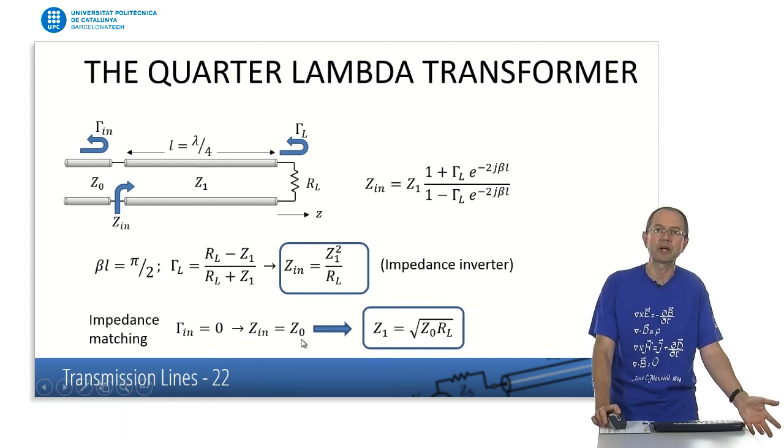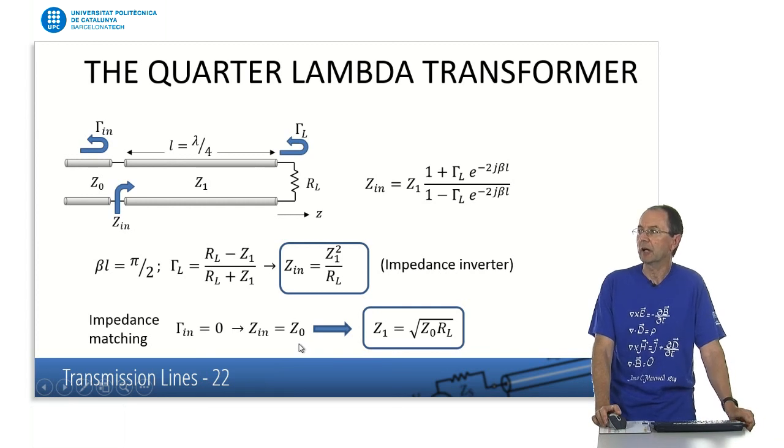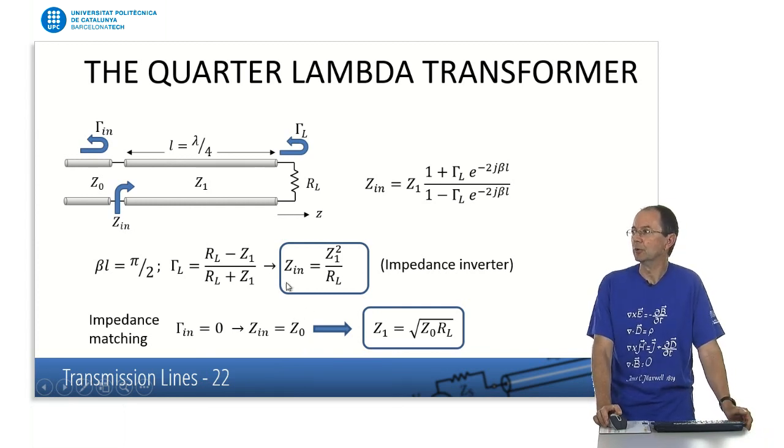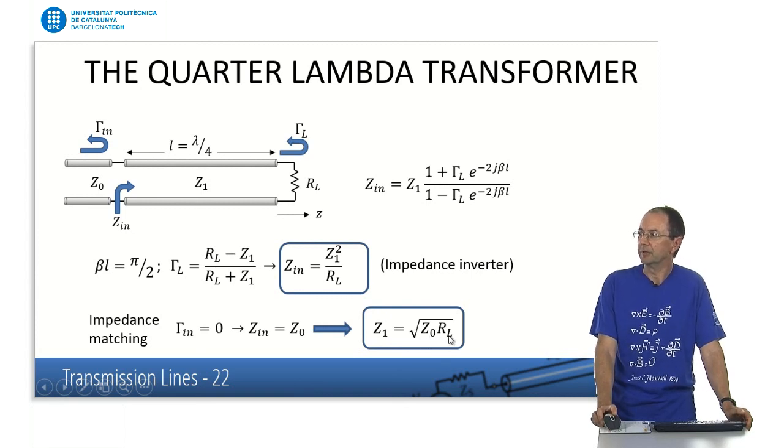In this case, we have no reflection. And can we achieve this? The answer is yes. We have to take the proper characteristic impedance for this transmission line transformer, and if we make this the geometric mean of the input and output impedance, then we achieve it.